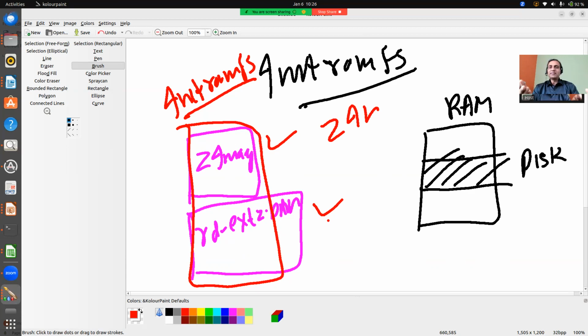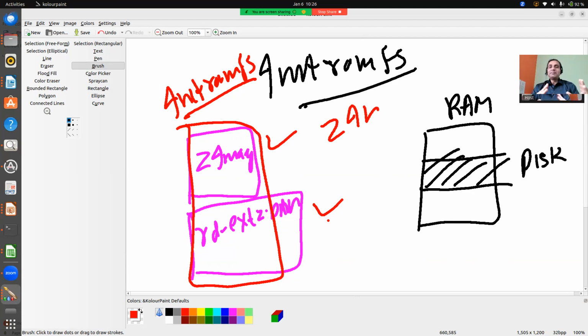In some cases, you need the RAM disk so that you can have a read-only file system, because whatever you change on the RAM will be restored back. So there is no chance of your root file system getting corrupted during runtime. That is also a reason.